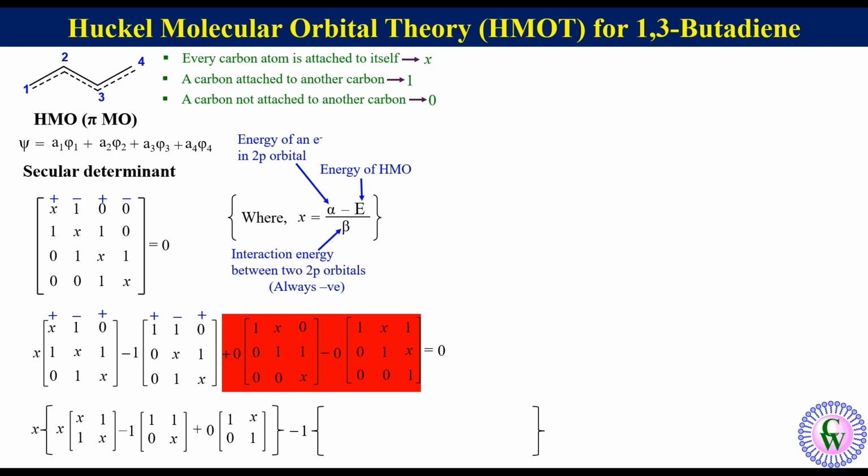It will be 1 multiplied by 2 into 2 matrix formed by ignoring figure in front of 1, which will be x1, 1x.